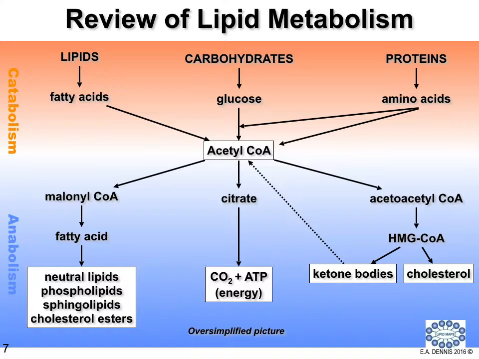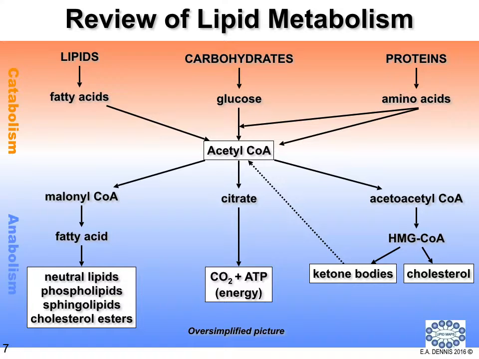The acetyl-CoA is generally used in anabolic processes, converted to malonyl-CoA, a key component in making fatty acids. And the fatty acids that are made are converted and stored as complex lipids in the form of neutral lipids like triglycerides, phospholipids, sphingolipids, and as the esters on cholesterol.